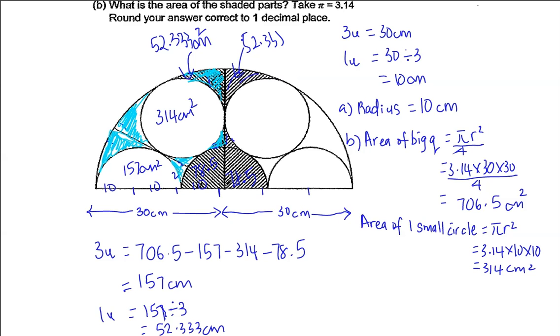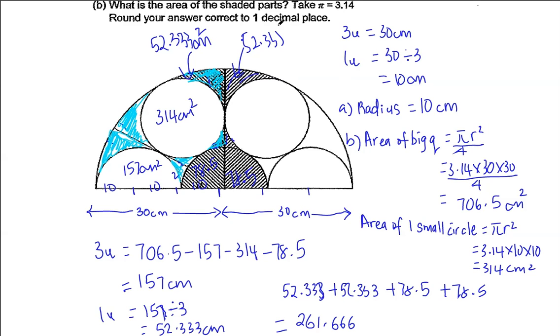Now can we find the area of the shaded part? Now we can, right? So what we need to do is 52.333 plus 52.333 plus 78.5 plus 78.5, and we should get 261.666.